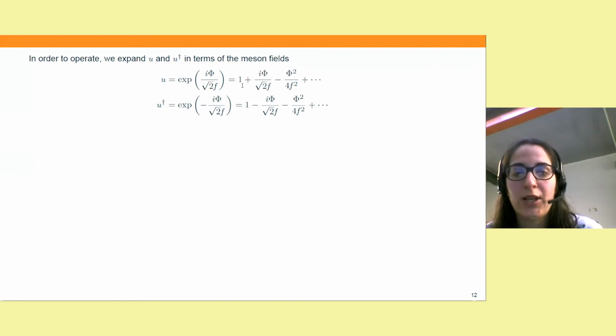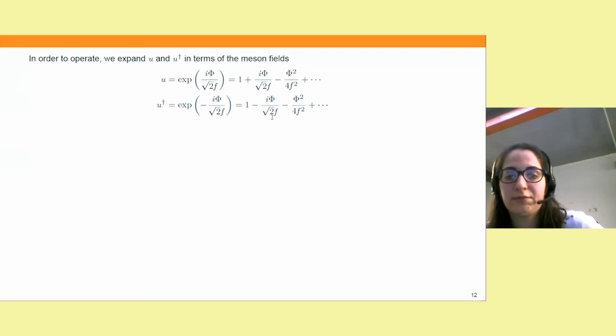So for the u field, we get 1 plus i times the phi field divided by the square root of 2 f, then minus, because we have this x squared, so i times i gives this minus, the meson field squared divided by 4 times f squared. And for the dagger, the same, but now we get a minus here.